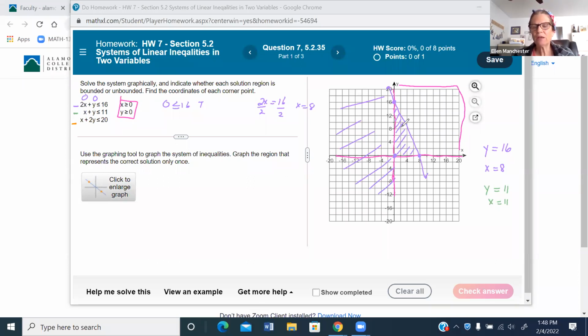This is where, and I'll show you on the My Math Lab, it's real important to watch your ordered pairs, where you're graphing exactly, and I'll show that to you in a minute. So all of these are 2s, 4, 6, 8, 10, 12. So 11 is going to be right in the middle. Same thing over here, 8, 10, 12. X is 11 is here. And here's my line.